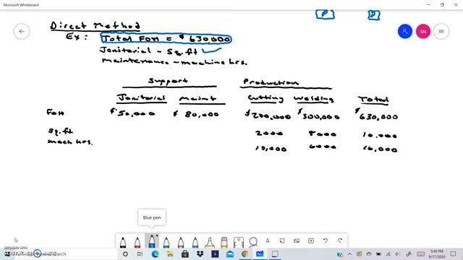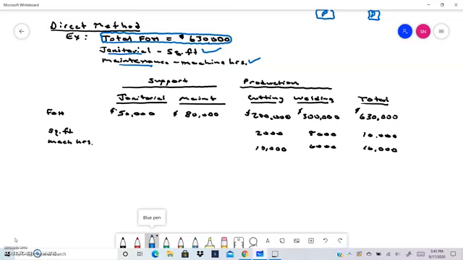And we're going to go ahead and allocate maintenance support department costs on the basis of machine hours in the production departments. And that makes sense. Janitorial based on the size, and maintenance based upon how much the machines are running. This is going to be probably how much they break down and how much maintenance they're going to require.